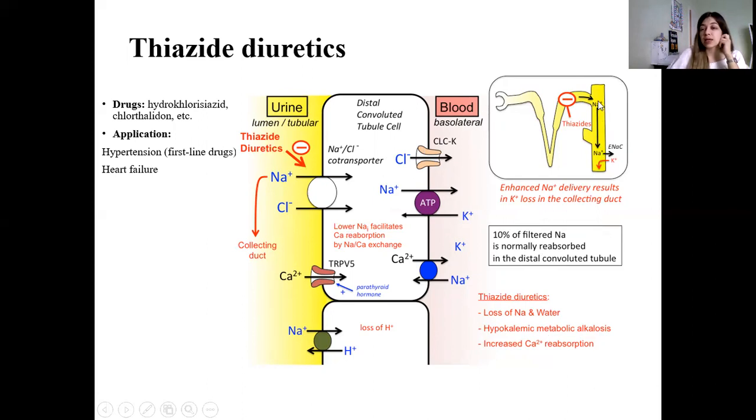Hypokalemia, as I said, it is after the effect of thiazide because of a lot of exchanging of sodium with potassium. And increased calcium reabsorption. This is here controlled by parathyroid hormone, which will exchange also with the sodium. Like our cells, they always try to maintain the normal level of sodium, but it cannot because we directly block the reabsorption of sodium.